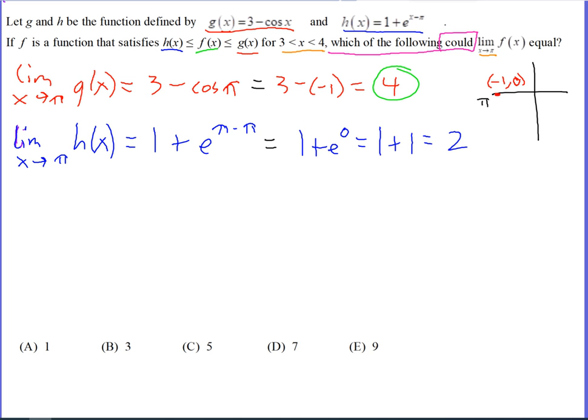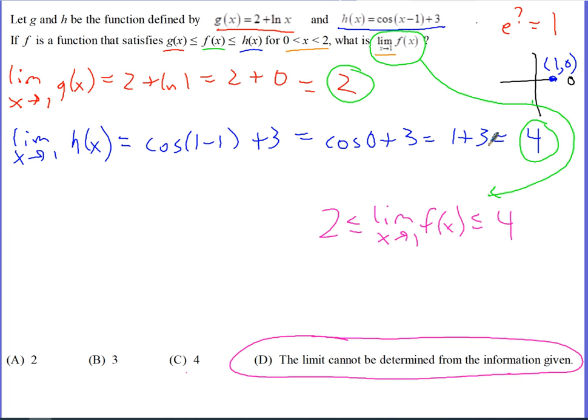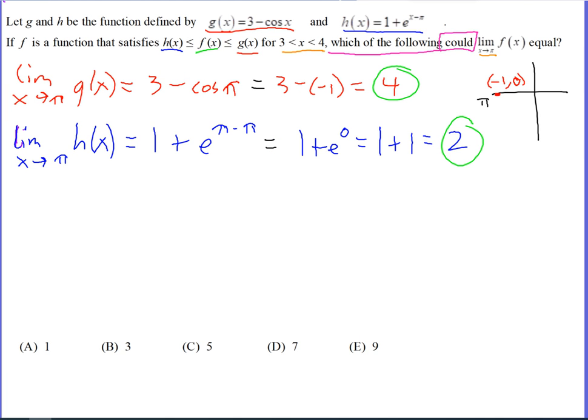So it's similar to what happened in the last one, where we got 2 and 4. However, the big difference here is the way it's worded. Which of the following could this limit equal? So if we use the same inequality, we know, okay, this limit has to be between 2 and 4. 2 is less than or equal to the limit as x approaches pi of f of x, which is less than or equal to 4. Okay. Has to be somewhere between 2 and 4.